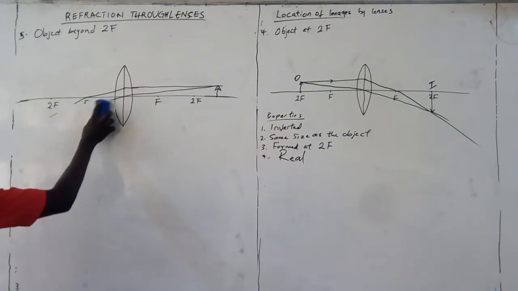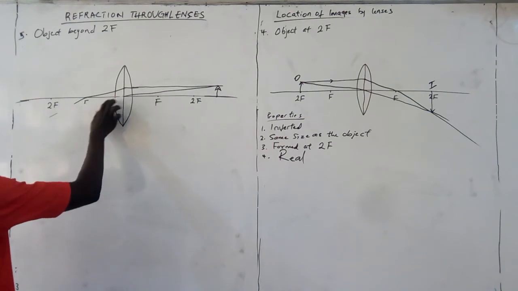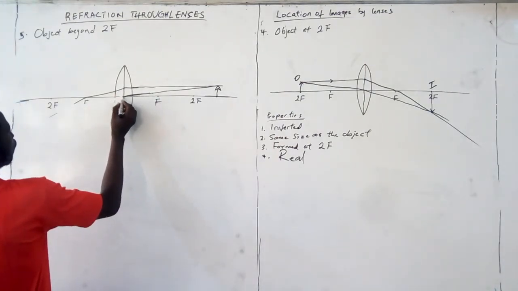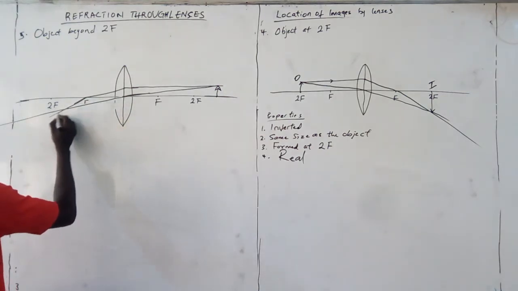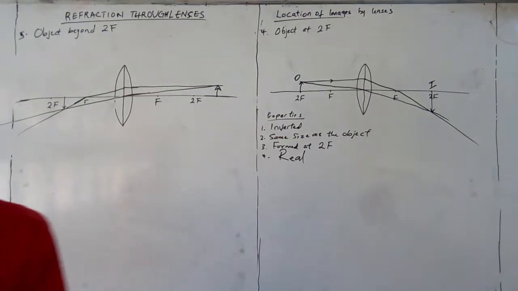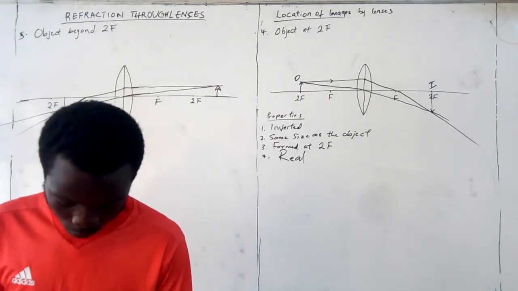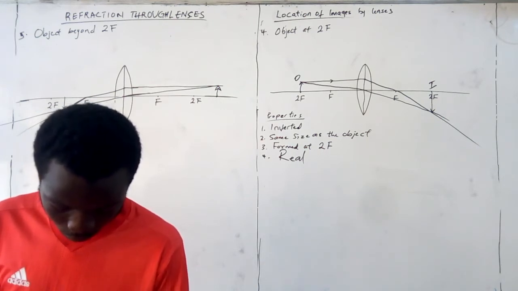The lines actually are not that straight, so let's take it this way. Now, if we draw this with great precision, we should have the following properties.